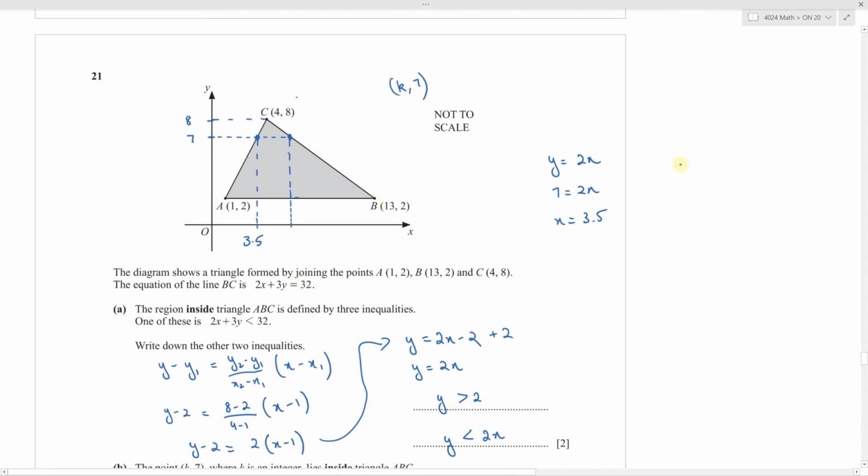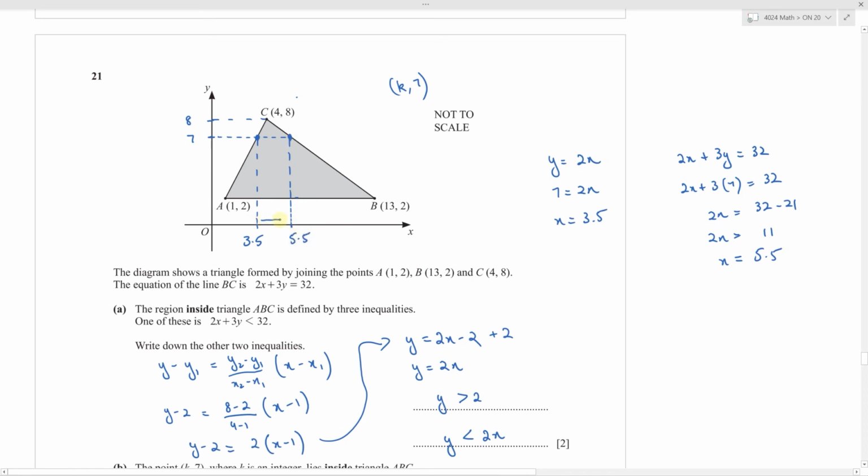So BC is 2x plus 3y equals 32. So 2x plus 3 times 7, and again the y coordinate is 7. So 2x equals 32 minus 21. This will be 11, and then x will be equal to 5.5 here. So this boundary value here is 5.5.